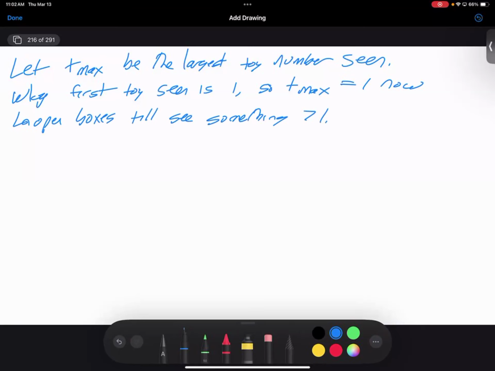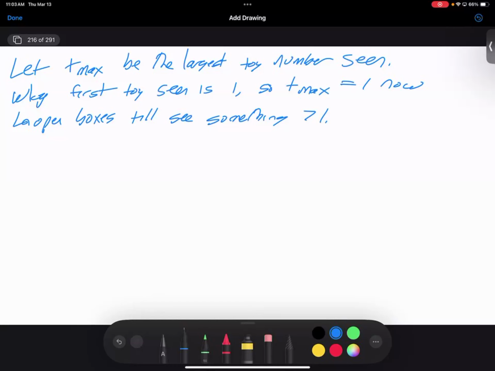And what happens if you now see something greater than 1? Let's say the first box you open is 1, then you open another box and it's 1, and then it's 1, and then it's 1, and then it's 5. Now what should T max become? Make it 2. You open it up and you see it.